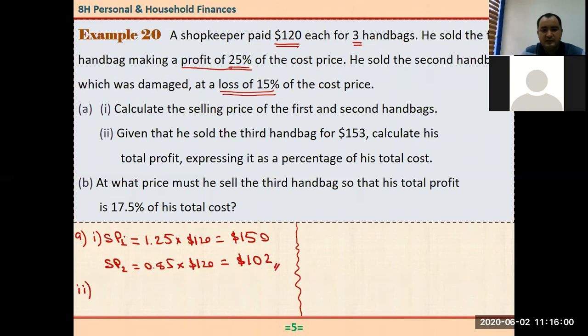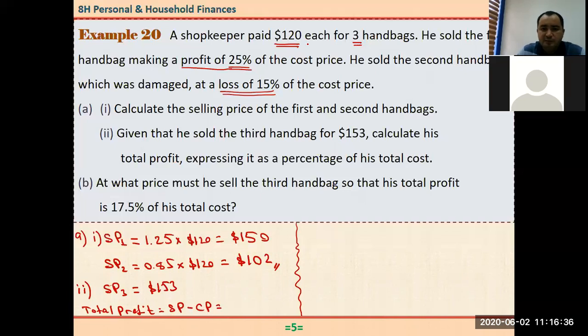Second part of question A: given that he sold the third handbag for $153, calculate his total profit, expressing it as a percentage of his total cost. Total profit means total selling price minus cost price.